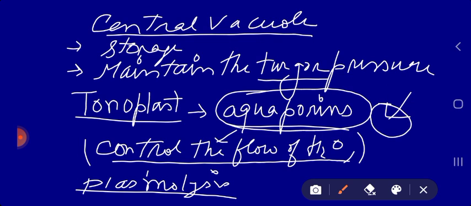And turgor pressure exerted by vacuoles is also required for cellular elongation. The pressure exerted by the central vacuole creates the turgor pressure which makes the cell elongate.